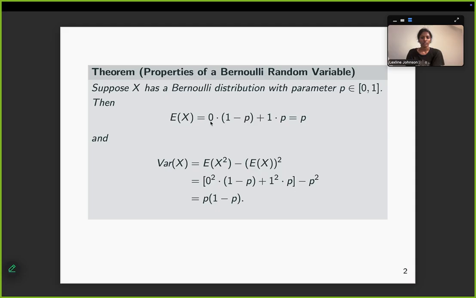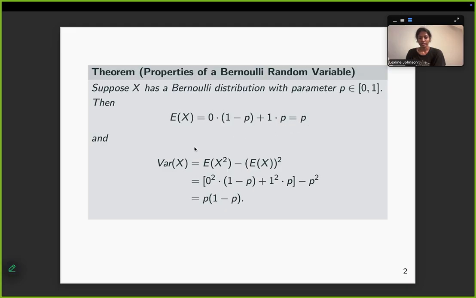The two values we can get are 0 or 1. If we get a 0, we multiply it by our probability of failure, 1 minus p, and since it's 0, it cancels out. If our value is a success, X equals 1, we multiply that by our probability of success, p, which gives us our expected value of p.